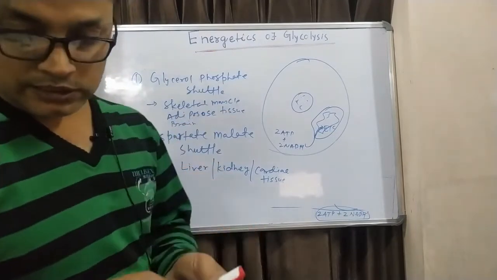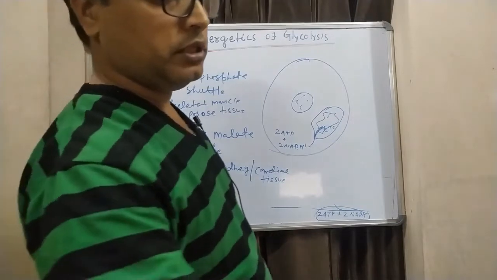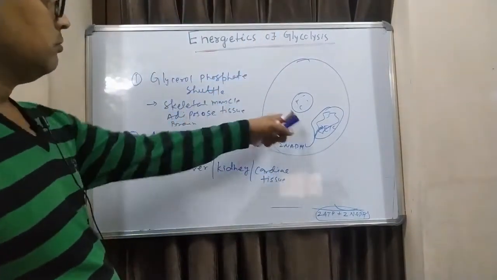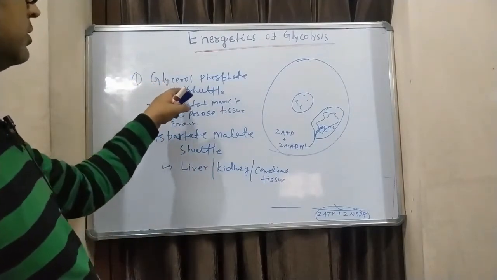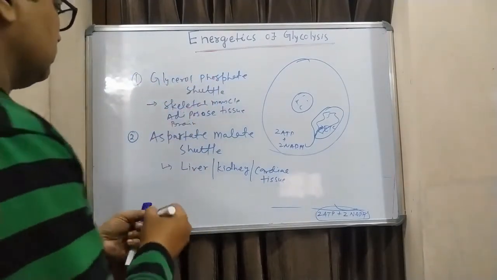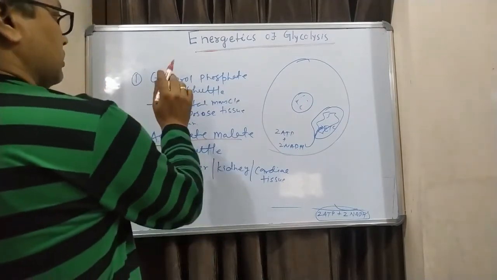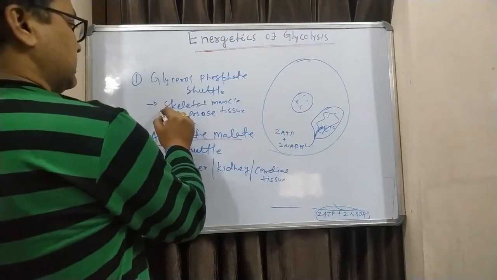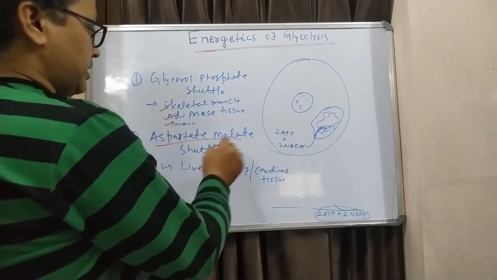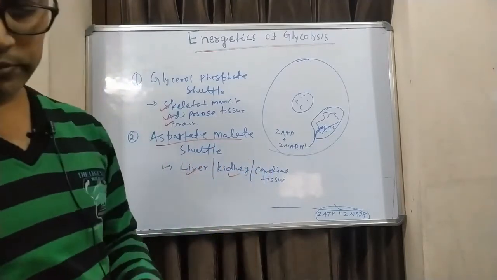So we have 2 shuttle systems by which NADH produced in glycolysis will reach the mitochondria: either the glycerol-phosphate shuttle system, or the aspartate malate shuttle system. The glycerol-phosphate shuttle system is present in skeletal muscles, adipose tissue or brain. The aspartate malate shuttle system is mainly present in liver, kidney and cardiac tissue.